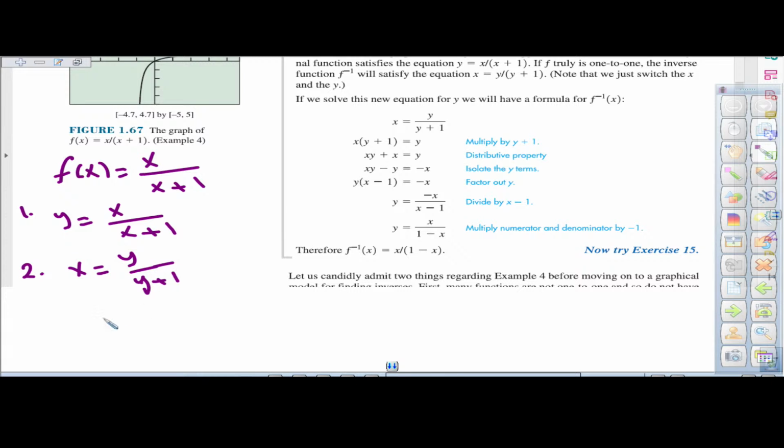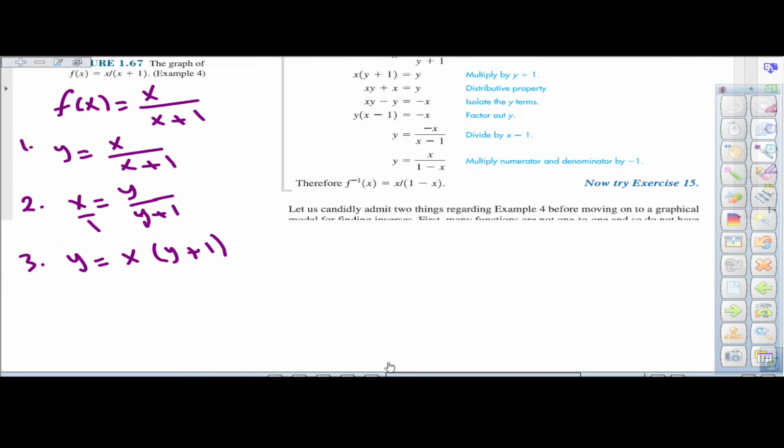All right. And we basically have to cross multiply. That's step number 3, solve for y. So remember there's a 1 here, cross multiply. y times 1 is y. x times y plus 1. And I just have to distribute.